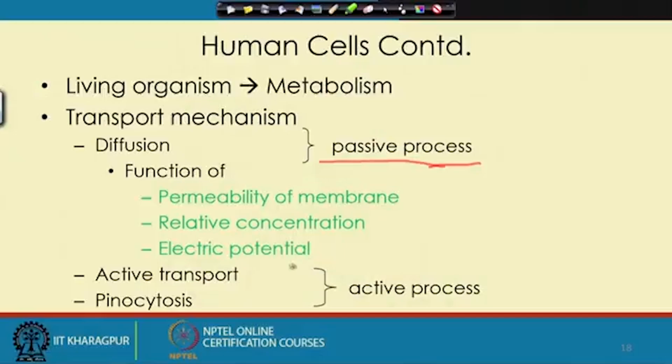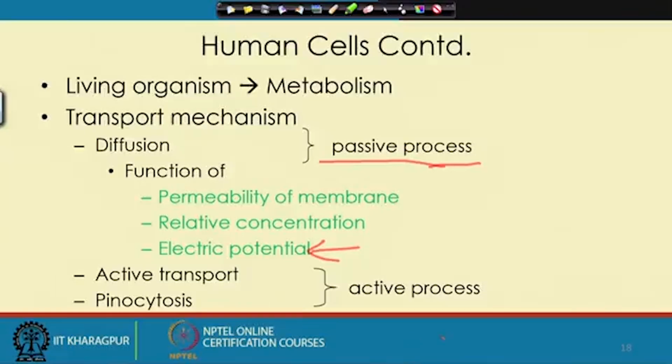Another thing comes into play in diffusion, that is the electrical potential, I would say. When we are talking about the diffusion of ions, there is an imbalance of charge inside the cell body and outside the cell body, that gives rise to a potential difference.